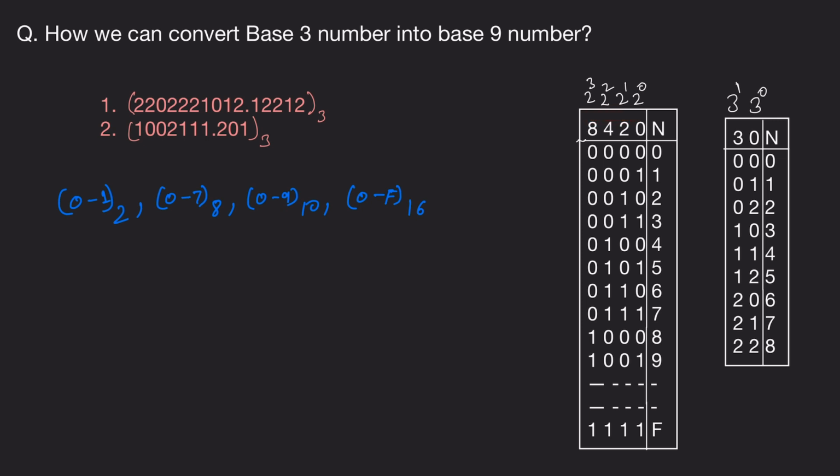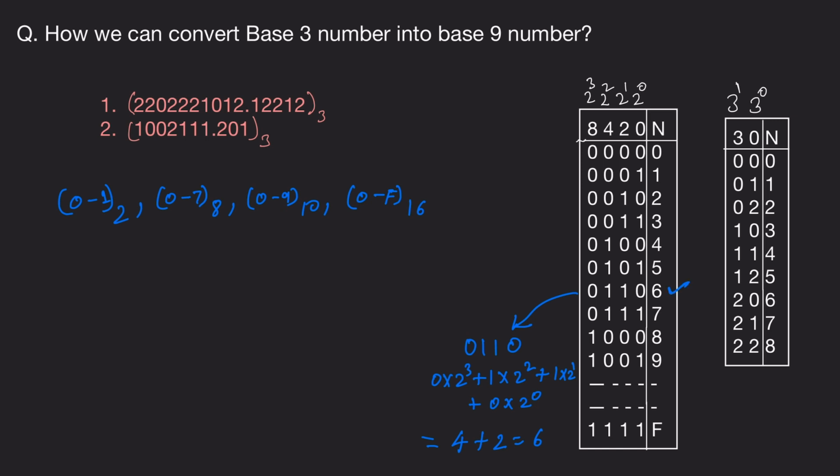If you take an example of any value, say 0, 1, 1, 0, how is the value calculated? 0 into 2 to the power 3 plus 1 into 2 to the power 2 plus 1 into 2 to the power 1 plus 0 into 2 to the power 0. So it will be 4 plus 2, it will be 6. So we can see it is 6.